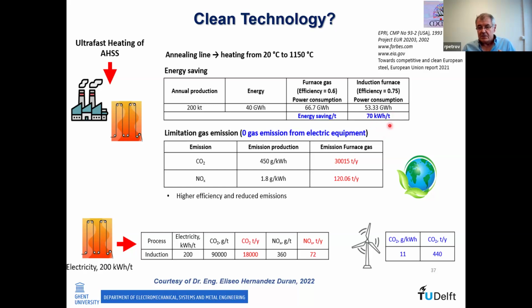Gas emissions. Practically, if you go for carbon gases here, you will have this emission of furnace gas here and nitrogen. If you go for electricity, and which is really green electricity, then practically you have only this CO2. That's practically zero, very small, 11 grams per kilowatt hour, compared with it.